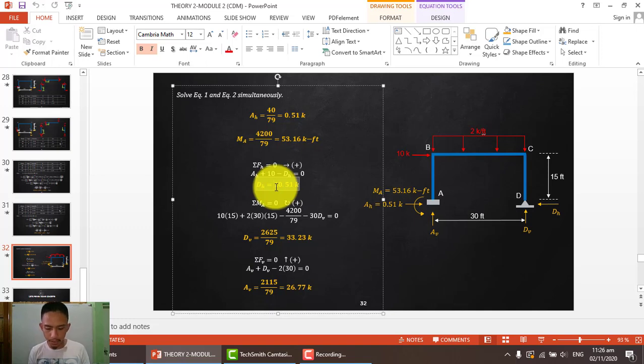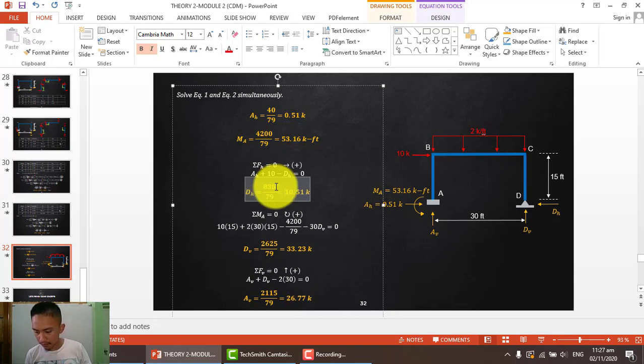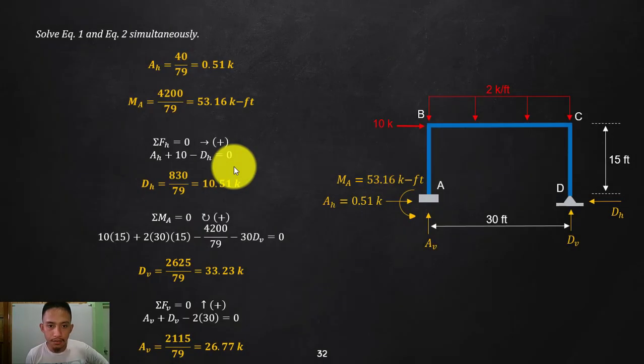We will end up there with 830 over 79. So again, your DH is now 830 over 79, or approximately 10.51.